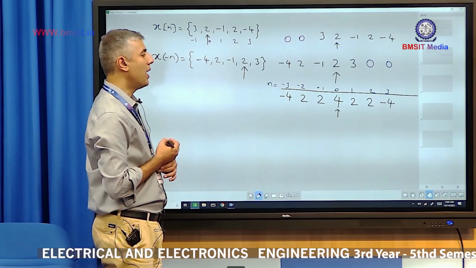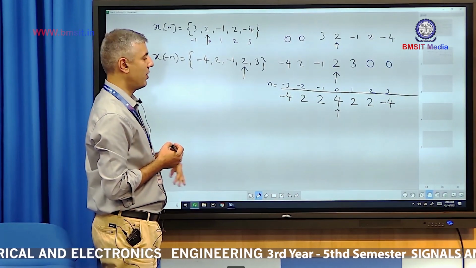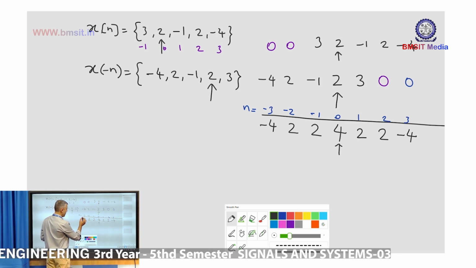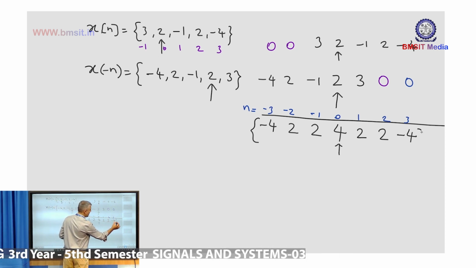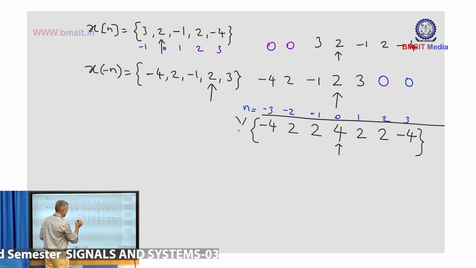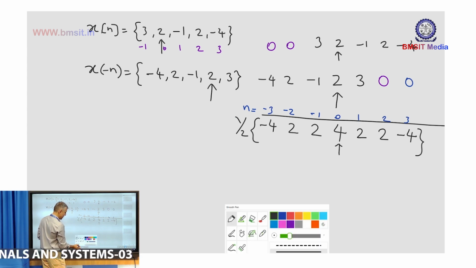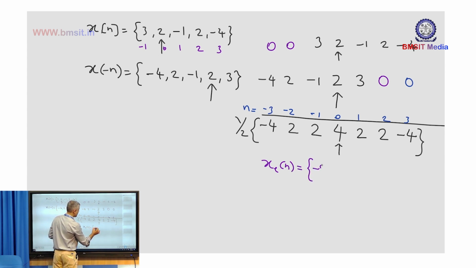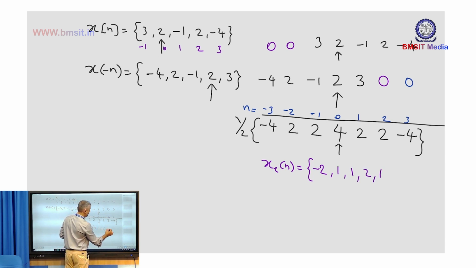This is to be now multiplied by half, or divided by 2, one and the same. So when I do that operation, I can write it as 1 by 2 into this. Therefore, the even part, x even of n, the resultant is -2, 1, 1, 2, 1, 1 and -2.